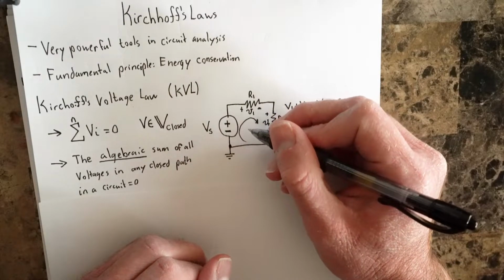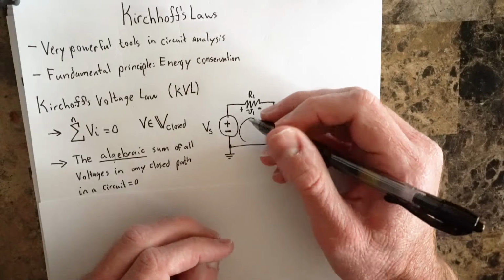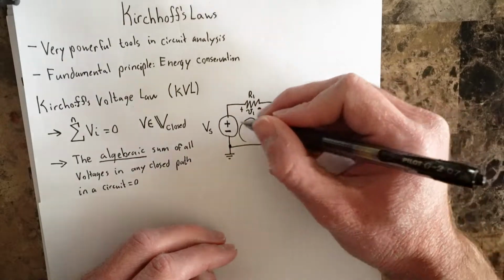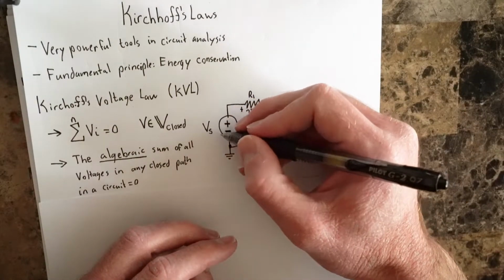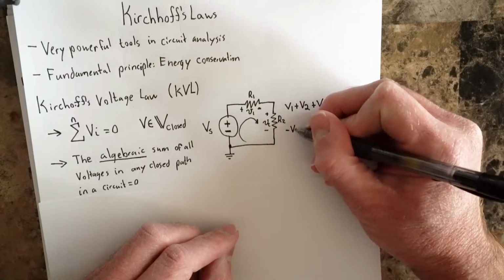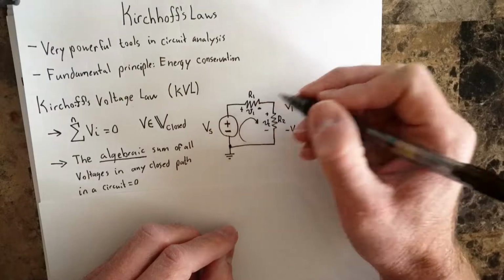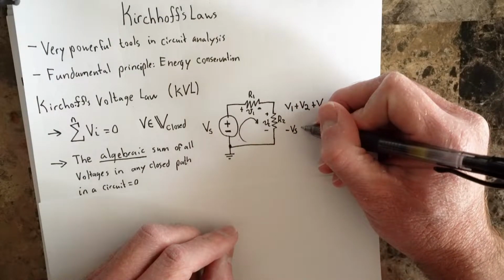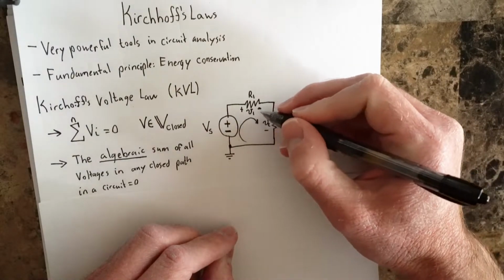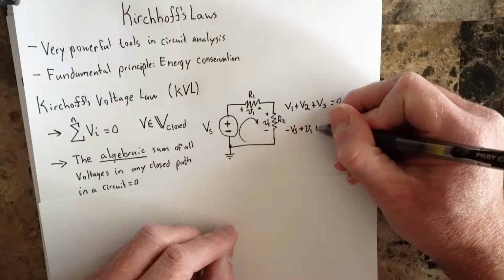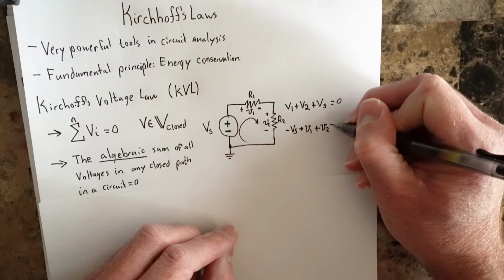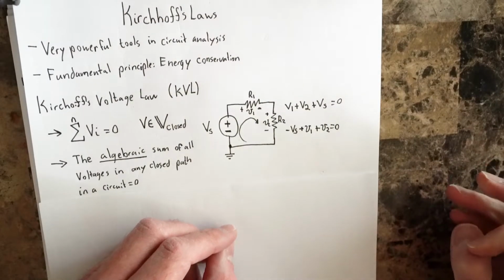As we move around this loop in a clockwise fashion, we first hit a minus sign, meaning that as I'm calculating this algebraic sum, I'll put a minus sign in front of this Vs. So minus Vs. Moving around, then we hit V1, but we hit a plus sign first, so we'll put a plus V1. Then we're moving around, and we hit another plus sign for V2. So plus V2, and that must equal 0.